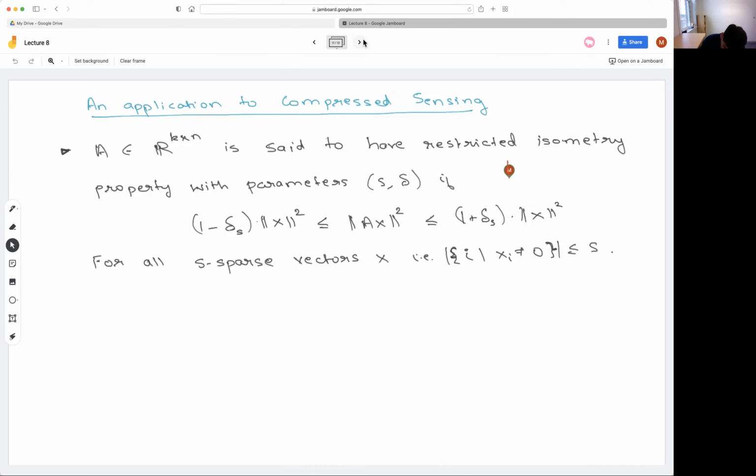So matrix A kind of looks like this, and x looks like this. So we get a tiny vector when we multiply them, and this is the compression. And sensing just comes from the fact that this is used in some sort of sensors.